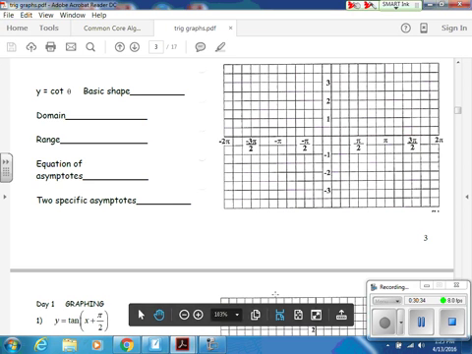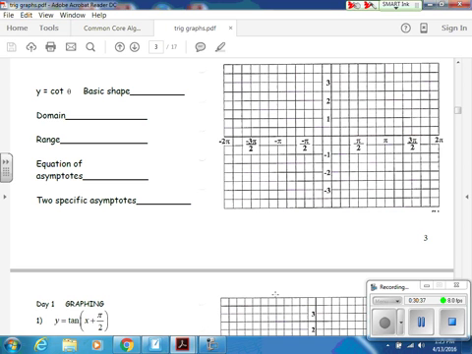So if I'm looking at cosine over sine, where am I going to have asymptotes this time? What has to equal 0 for me to have an asymptote? If it's cosine over sine, which one equals 0 in order for me to have an asymptote?